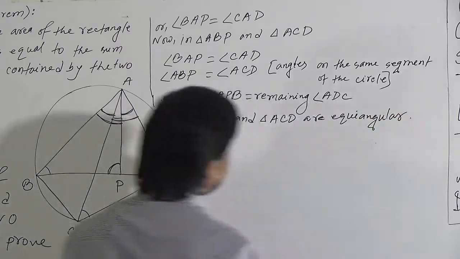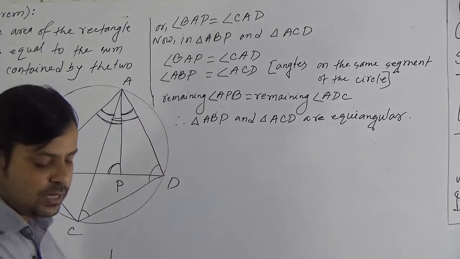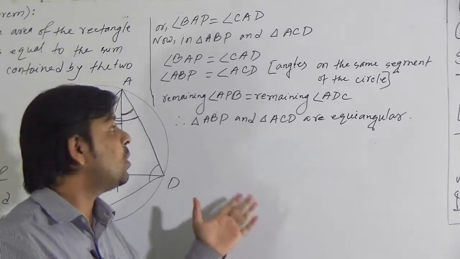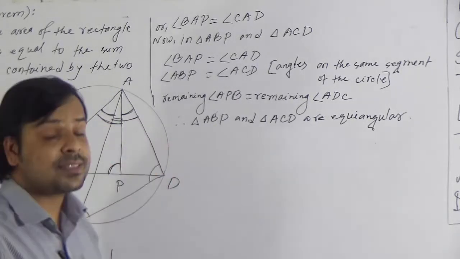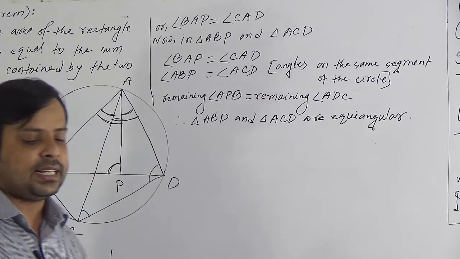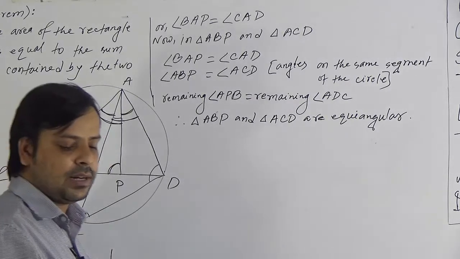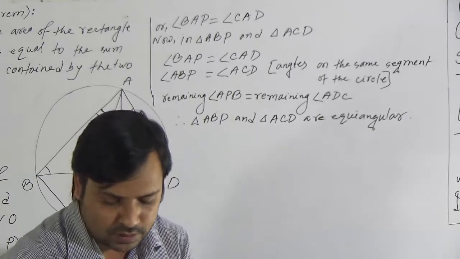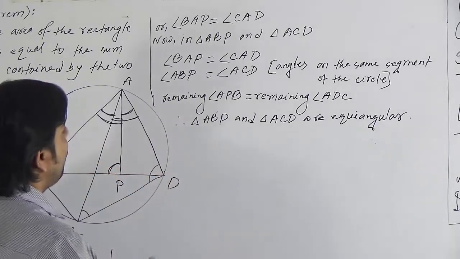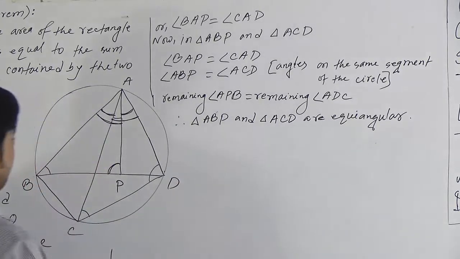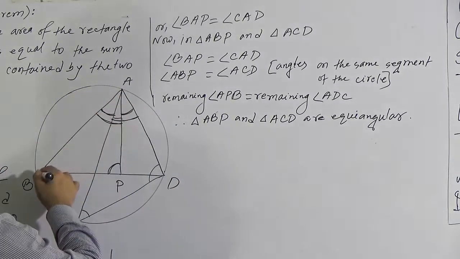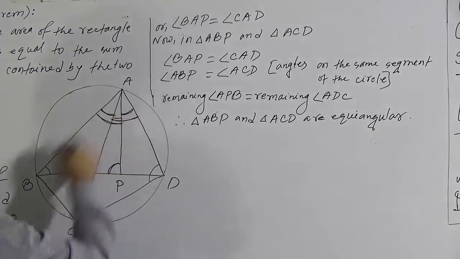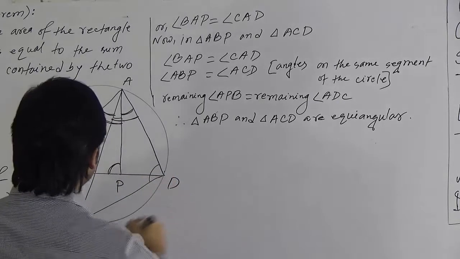Okay, dear students, as these two triangles are equiangular, you need to remember that these two triangles will be similar also. So the ratio of the similar sides of these two triangles must be equal. So we can write here the ratio of the same sides. These two sides are AB and AC, and they are similar sides.